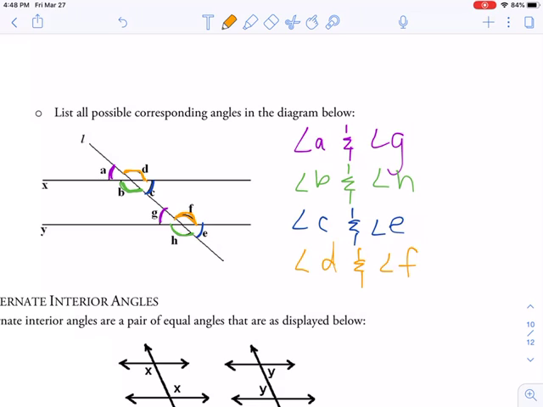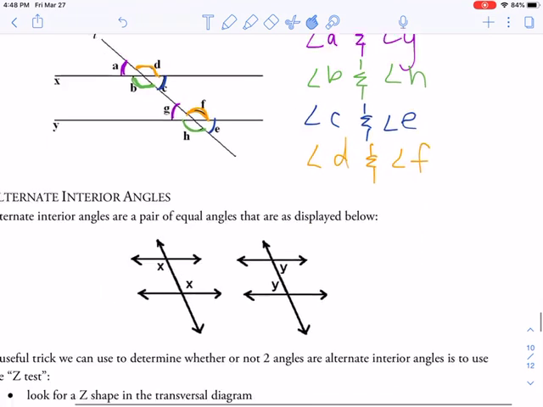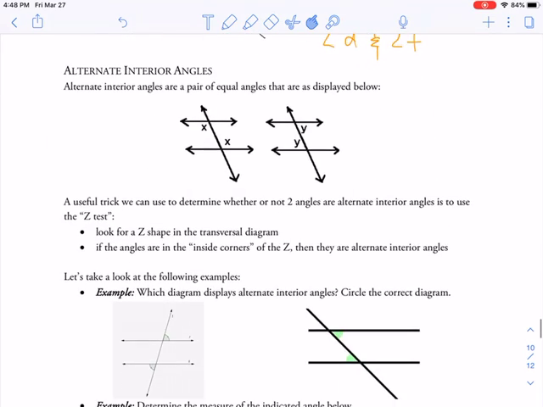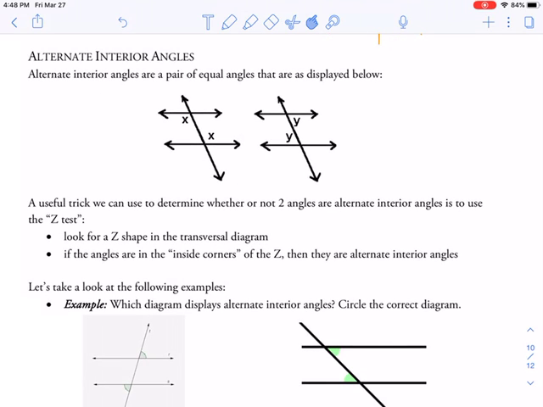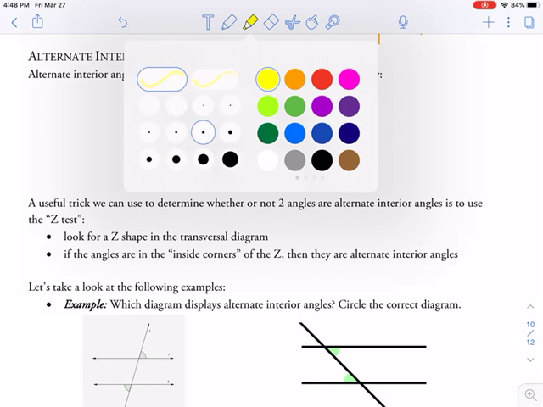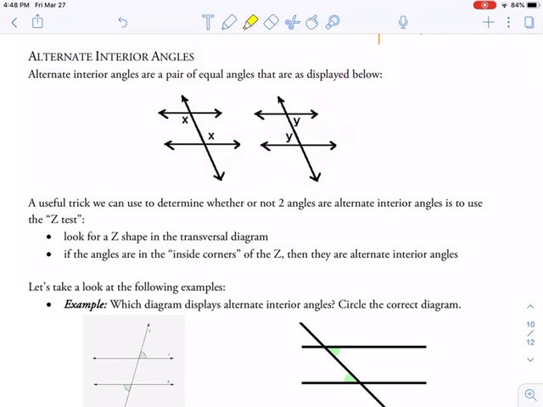Okay, so that is that example. We've listed all 4 of the pairs of corresponding angles, and we can move on to the next type. So the next one here is alternate interior angles. Alternate interior angles are, the first thing that's really important, interior, so they're inside.